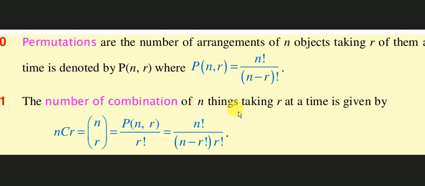Number of combinations of n things taken r at a time is given by this formula: n factorial over n minus r factorial times r factorial. The difference is that in combination there is one additional factor in the denominator, r factorial.